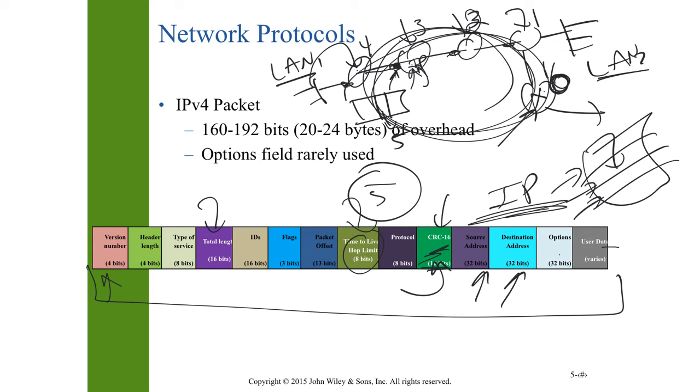So since I am talking about the IP, the source and destination address will contain an IP-like address such as 192.168.5.1. But if I'm talking about the source destination at the Ethernet, there you expect to see an address like A1, C1, an address type like for Ethernet, a physical address.